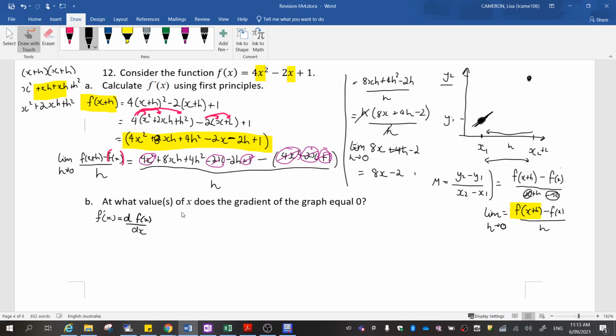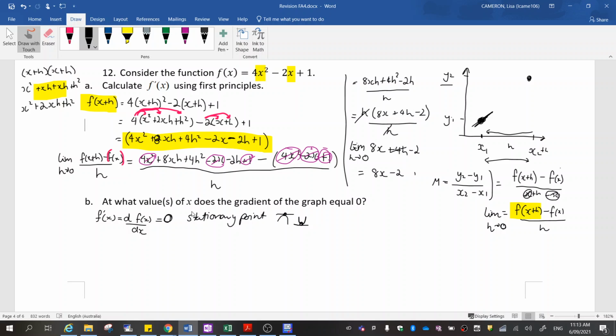Doesn't matter, they both mean the same thing. And I want the gradient to be equal to 0. Another way of stating this is I want to find a stationary point. When we talk about stationary points, I'm talking about a max or a min, because that's where the derivative is equal to 0, since the gradient is 0 at those points.